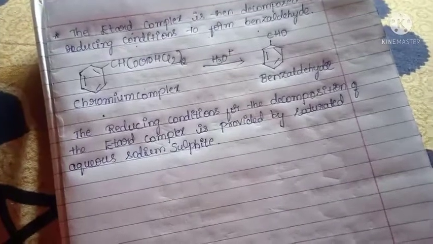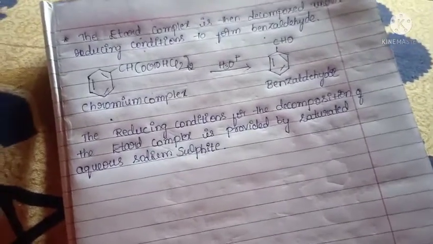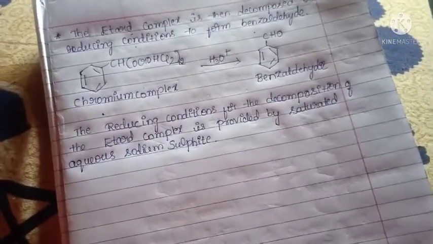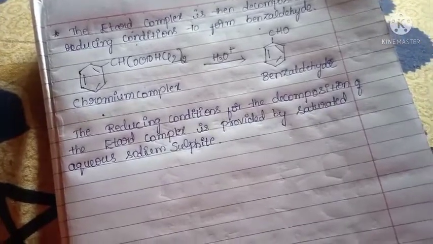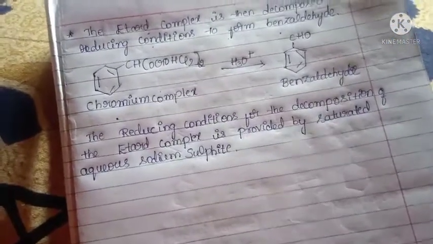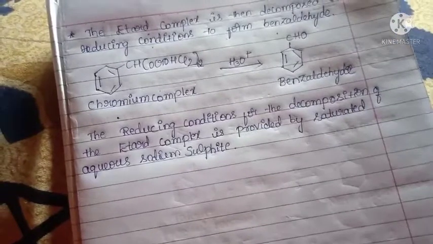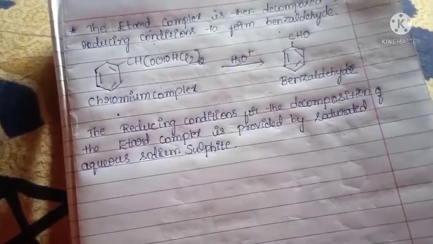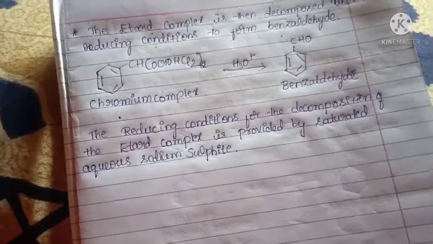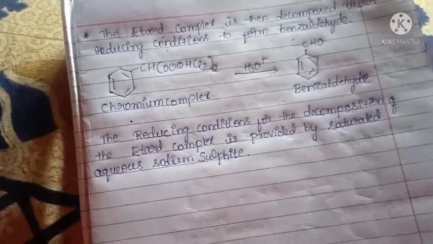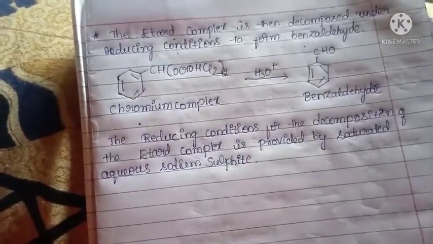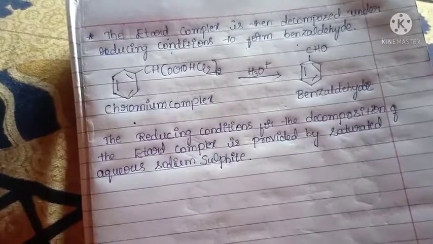It gives an Etard complex or chromium complex. This chromium complex is decomposed under some conditions: the complex should be reduced in the presence of sodium sulfite solution. It gives the benzaldehyde. It is the two-step reaction.